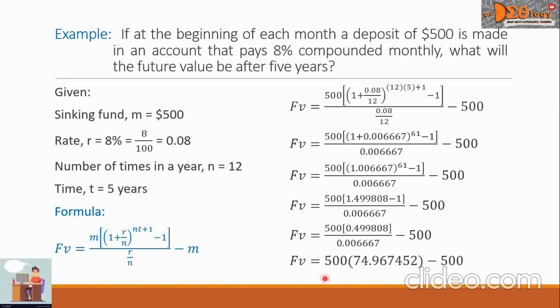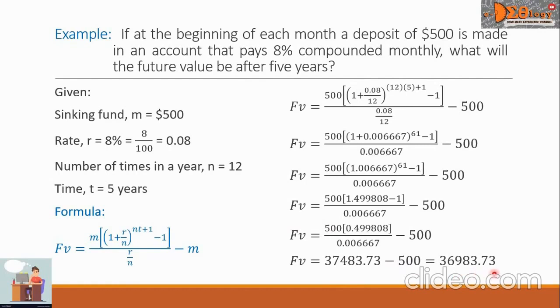So let us multiply this 500 and this big decimal here, and we will get the answer 37,483.73. We will subtract 500 from this value, and the answer will be 36,983.73.